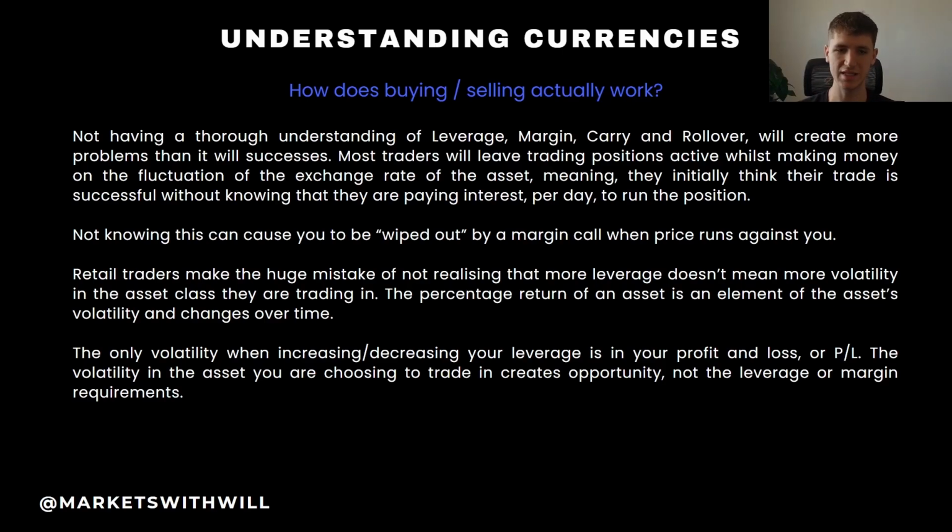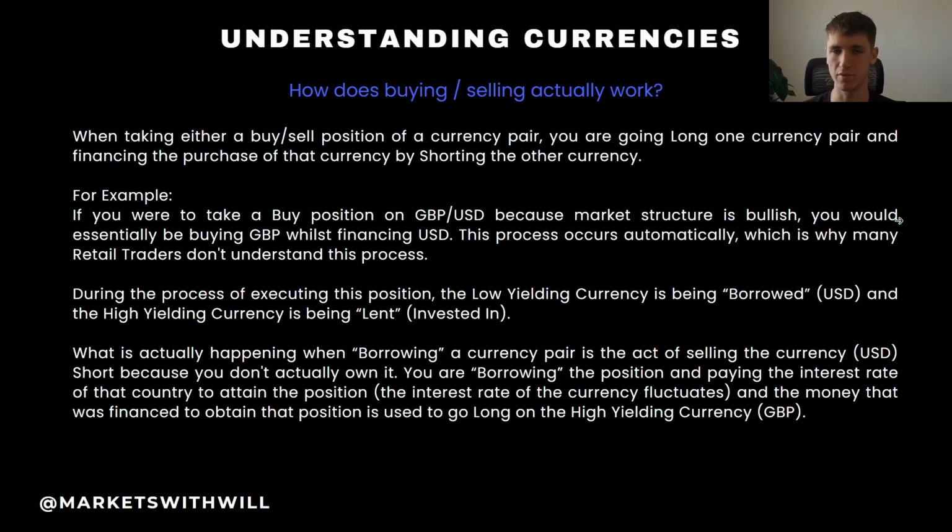The volatility in the asset you are choosing to trade creates opportunity, not the leverage or margin requirements. I hope that makes sense to you guys. People think that trading with more leverage and more capital and risking more is going to make them more, when really you need the volatility, the opportunity there in the asset that you're trading.